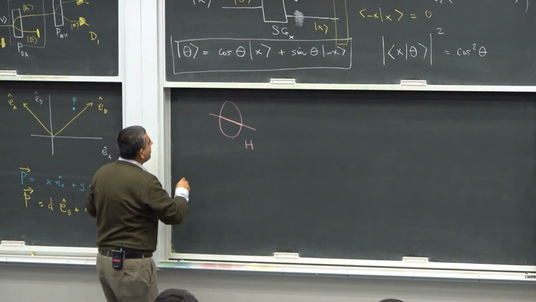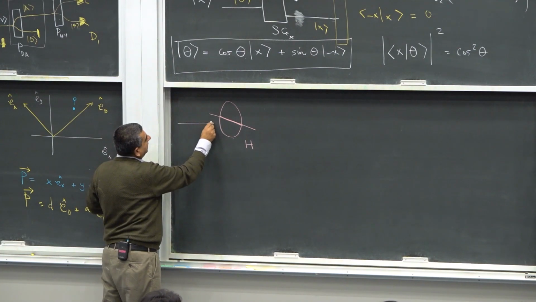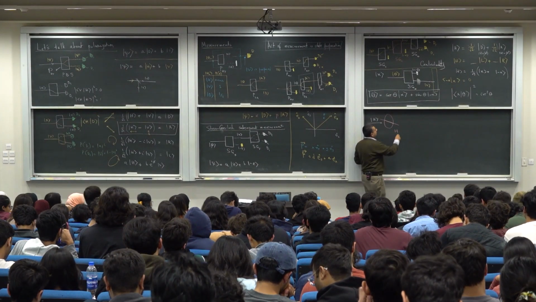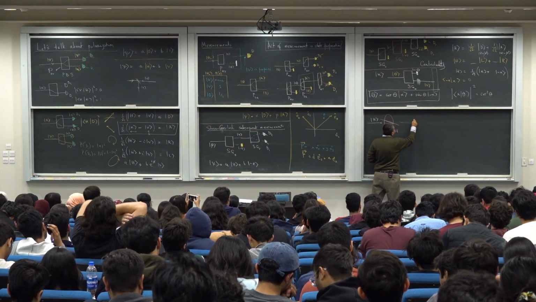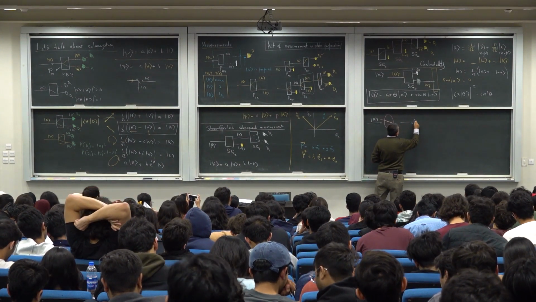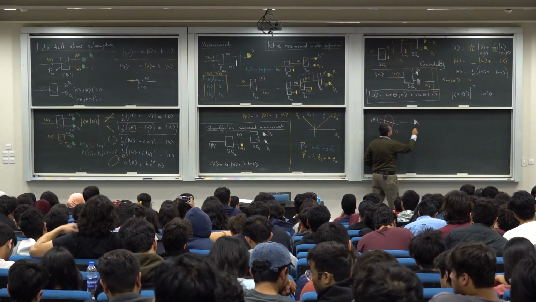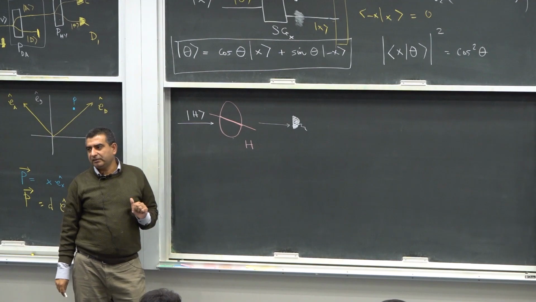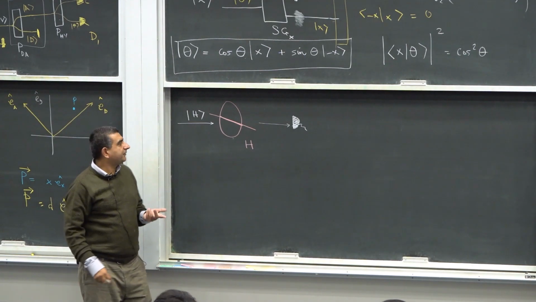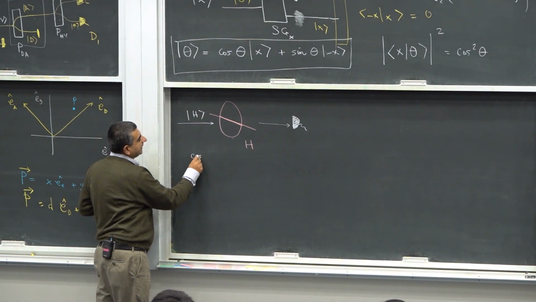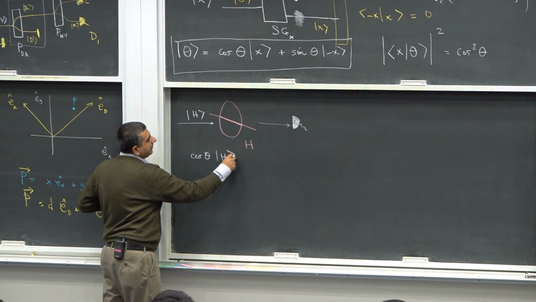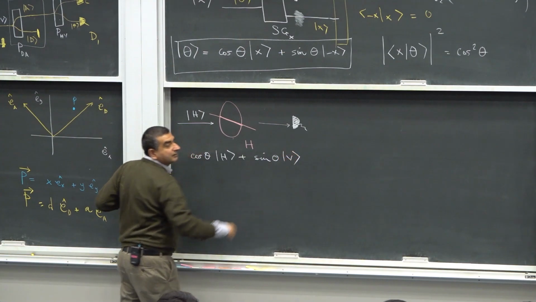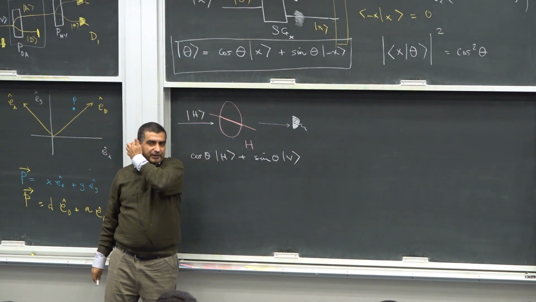And suppose a photon comes in which is ket h. What's the probability that if I were to place a detector here, this detector is going to click? 1. If the input were ket v, 0. If the input were some cosine theta ket h plus sine theta ket v, what would this be? Cosine square theta, and so on.